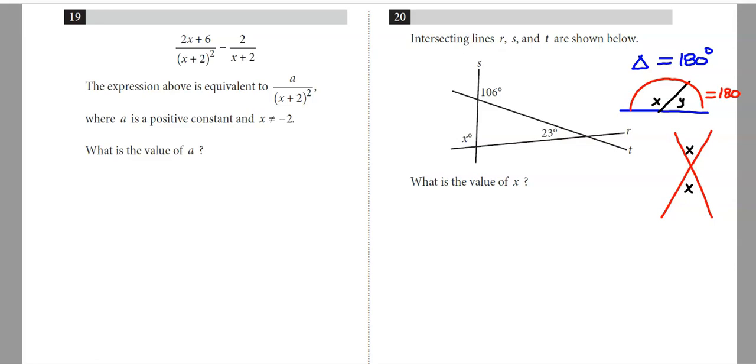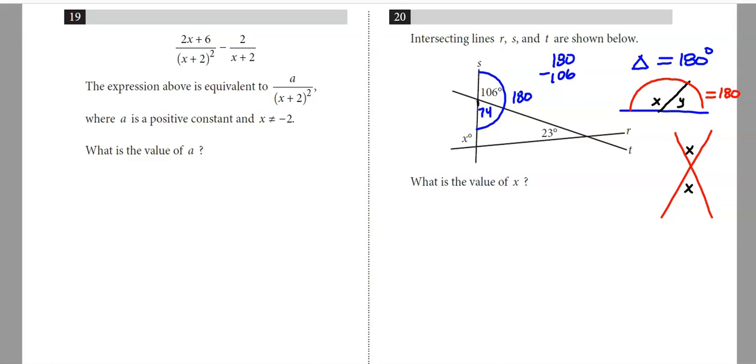First thing I see is I'm going to use this 106 to make a straight line. It has to equal 180. So when I do 180 subtract 106, I get 74 degrees in that corner. If you know the exterior angle theorem, you could actually use that, but I'm going to do it old school.